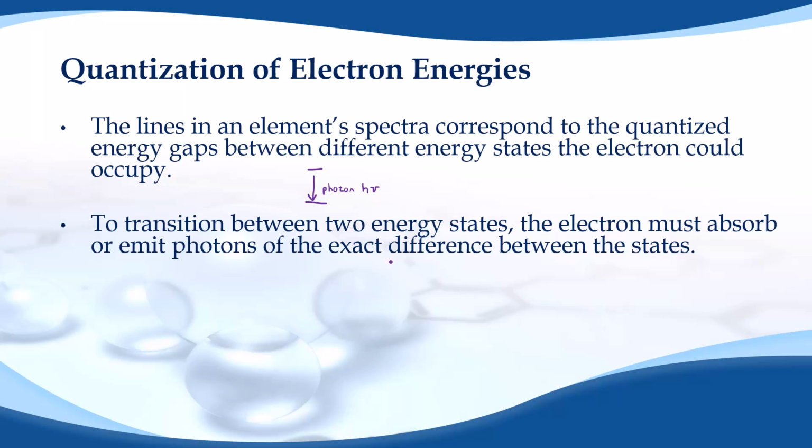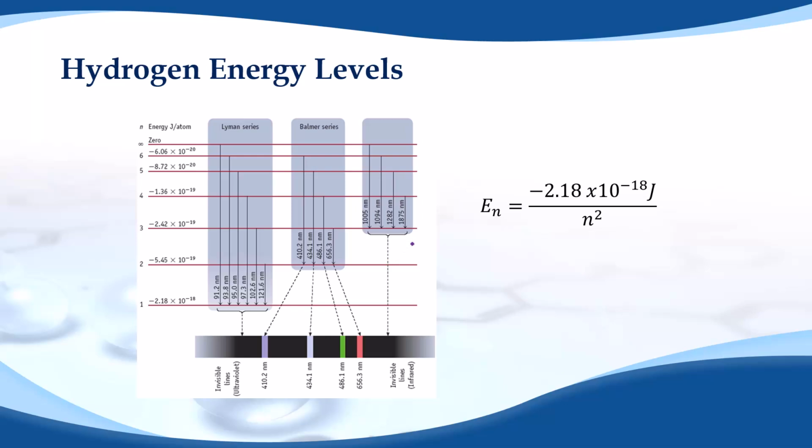And if we bring up a diagram of this, we have the hydrogen line diagram. We have our ground energy state there at 1, and then it goes up to 2, 3, 4, 5, and all the way up to infinity. Now, one thing to keep in mind about energy is that since we are dealing with an electron and a nucleus, and they are oppositely charged, this is going to be an attractive force.